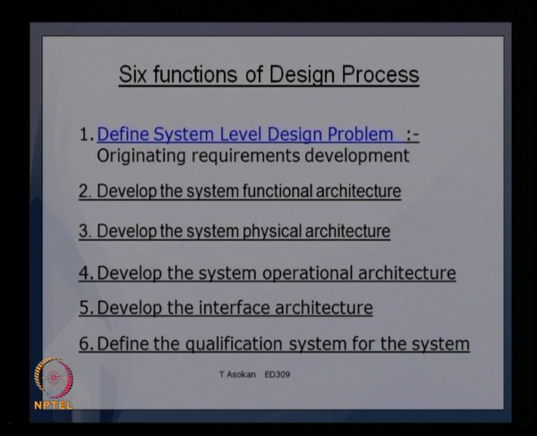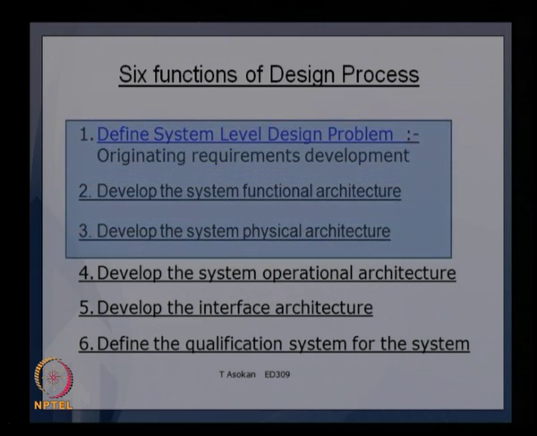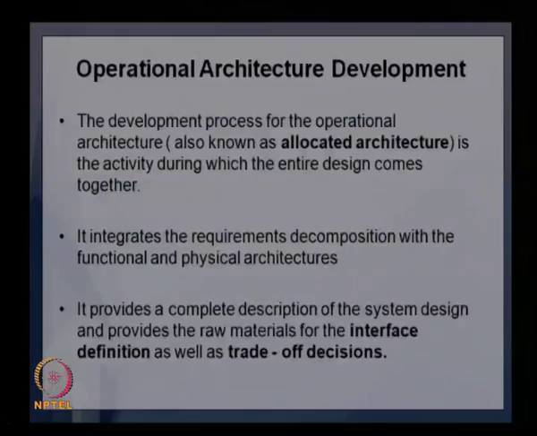As you can see, we were discussing the 6 functions of the design process, and we completed the first 3, that is the system level design problem, functional architecture and the physical architecture. The next one is system operational architecture. So, we will go to the details of this one. The development process for the operational architecture, also known as allocated architecture, is the activity during which the entire design comes together.